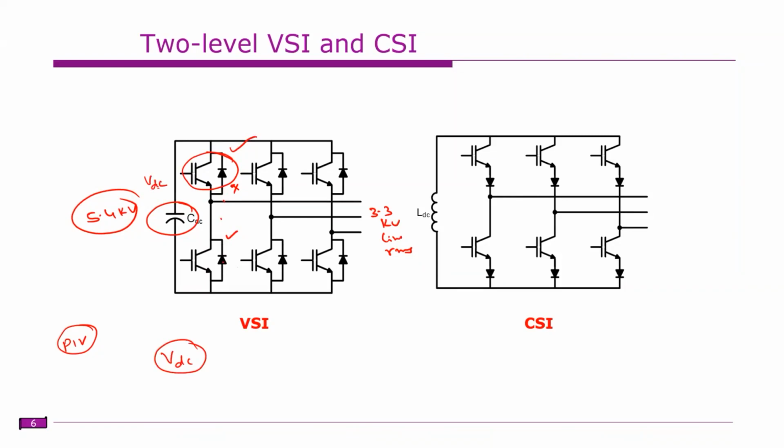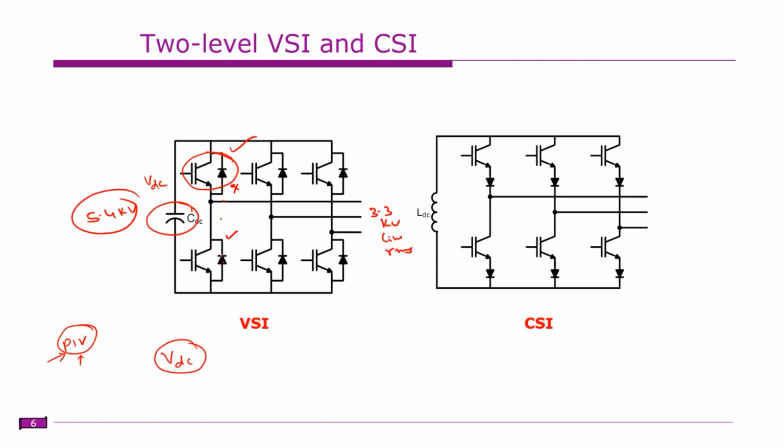It is the maximum voltage across a switch when it is not conducting, or when it is in reverse bias. That is the maximum voltage that appears across a particular device. This is also known as peak inverse voltage. Inverse means the voltage that appears in the opposite direction.